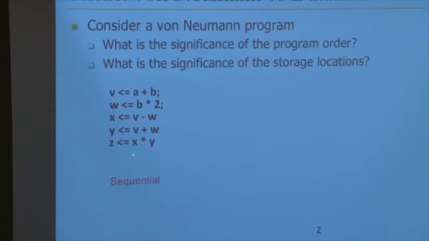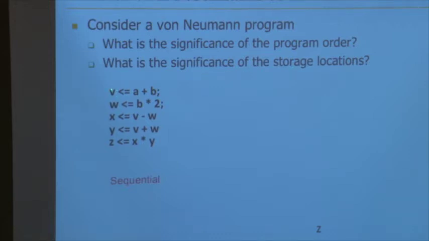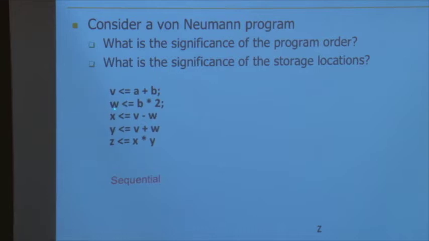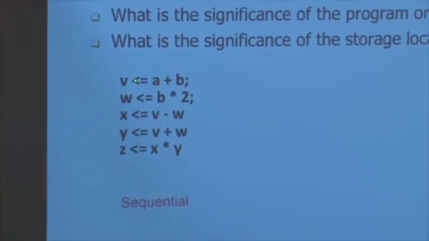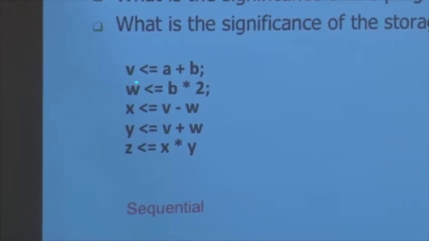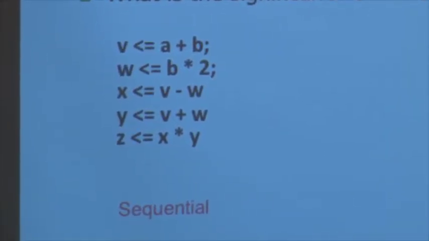If you look at this program, what is the significance of the storage locations? So you have some values here, v, w, x, y, z. And you have this instruction, x equals v minus w, getting values from these storage locations, right? If you think about it a little bit, these storage locations are actually used to communicate data between instructions.